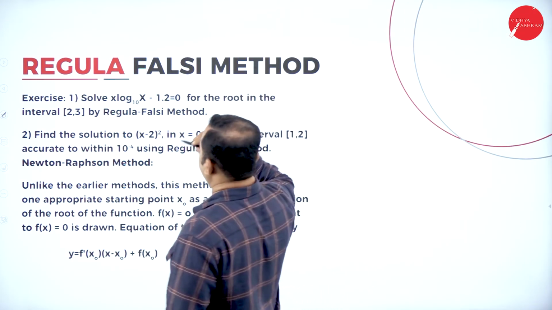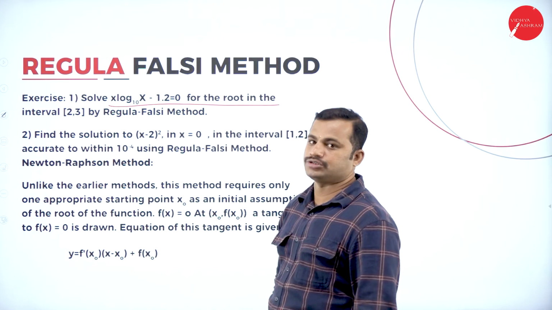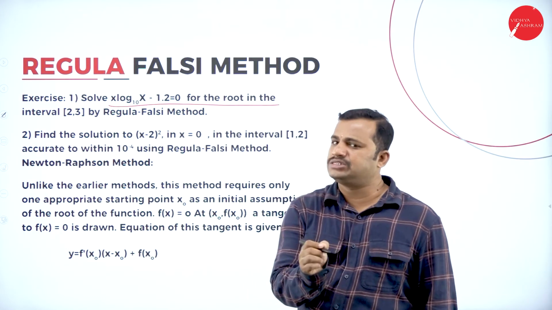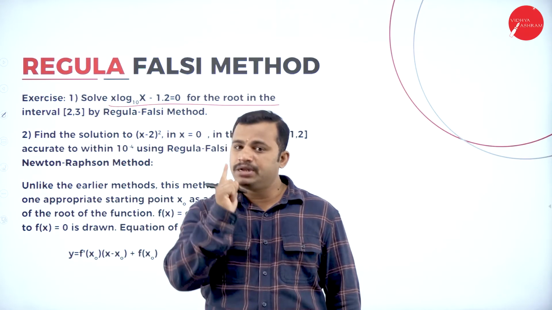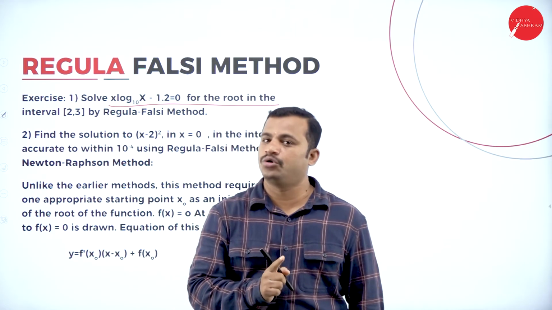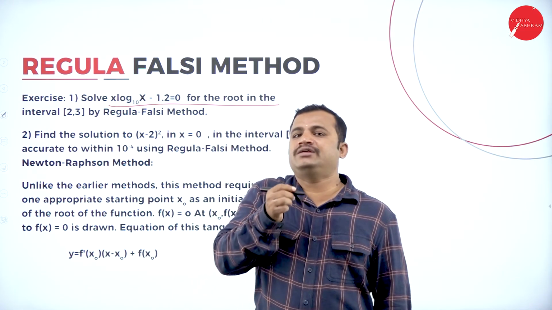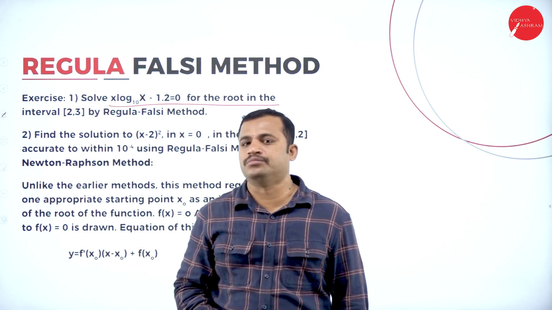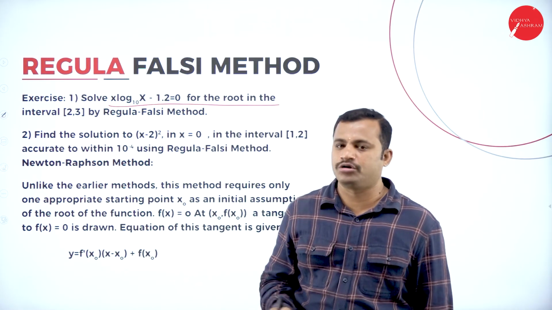We have one more equation for solving: x log x to the base 10 minus 1.2 equal to 0. My dear students, please consider these example questions as an assignment. Please solve these questions at home so that it increases your speed of finding the roots of an equation. Once you get the shortcut methods, there will not be a problem.